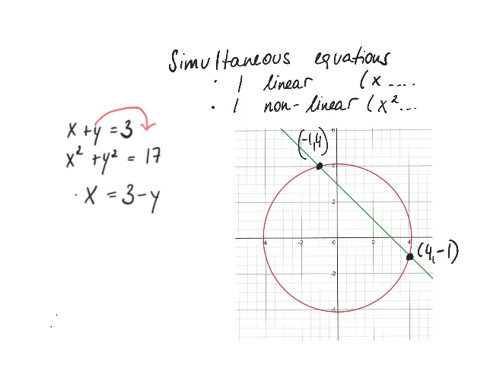I am now going to take this expression for the x and replace the x in the non-linear equation with what I have found. So instead of x squared, I'm going to write 3 minus y, all squared, and then I write the rest, plus y squared equals 17.